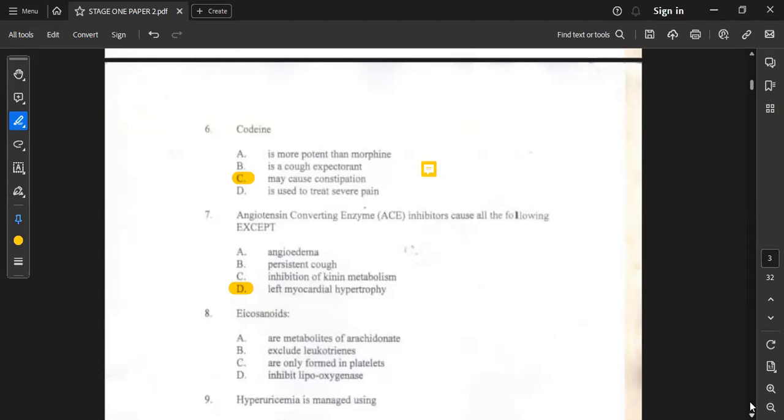Anyone want to add anything? Could we just go through the antihypertensive drugs like a quick recap?